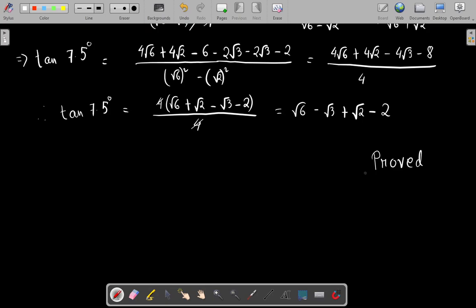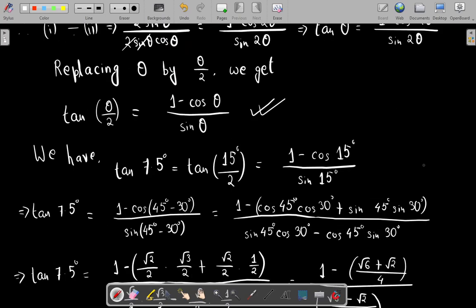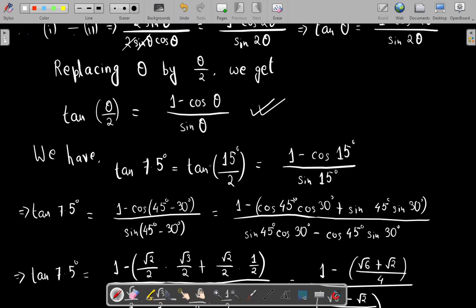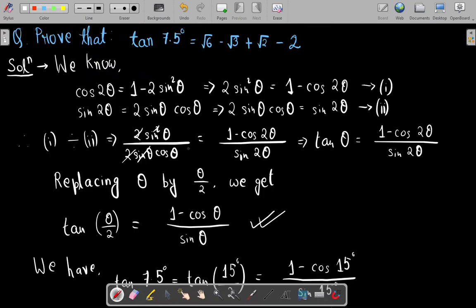This was a bit convoluted and lengthy. Some calculations were required. I deduced the formula. If the formula is already known to you, you can directly start from here. But in case you don't know the formula, you can try to derive it like this.